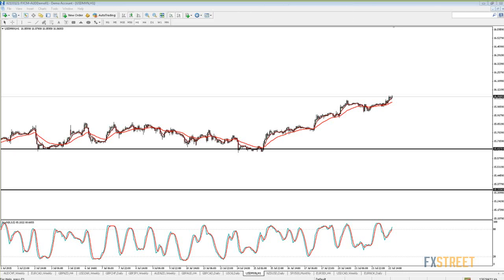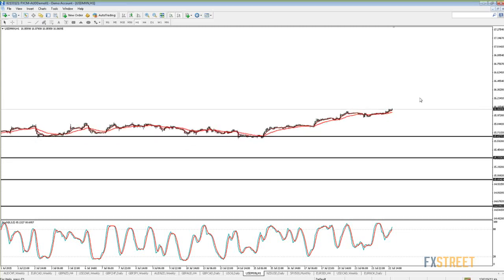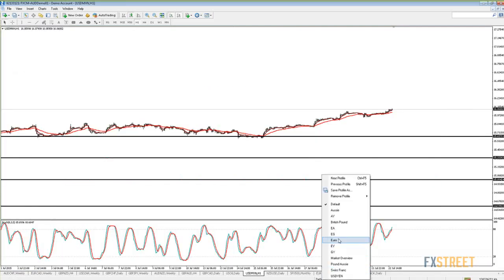Right, so how do you combine time frames? It's a simple question, and one of these things that is not that easy to answer, isn't it? Because if you look at, I'll give you an example. Let's take a look-see at the pound.